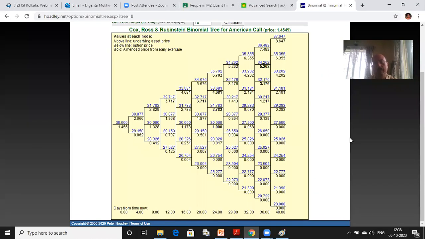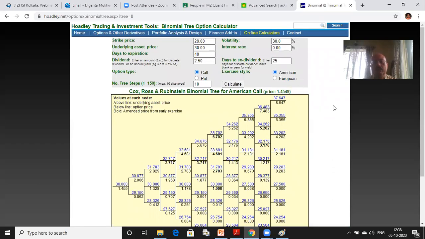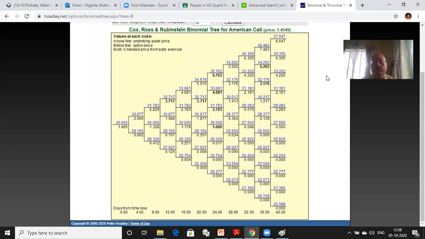And I will suggest that you do some of this playing around on this website to get a better idea of the calculation steps and how it works out, particularly for Americans. European is easy because it only depends on the terminal node.